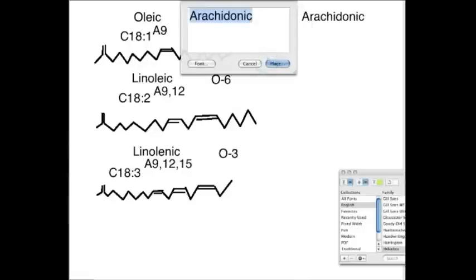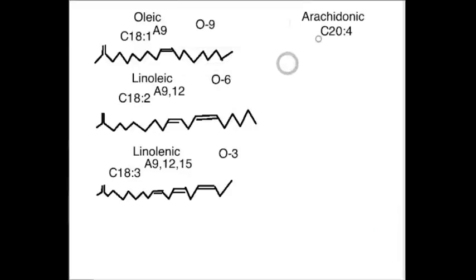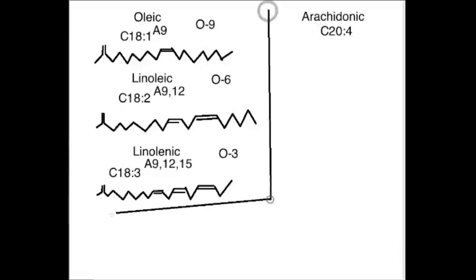It is C24, and I'm actually going to draw it at the bottom, but I just wanted to put it up there so I didn't take up all my space.